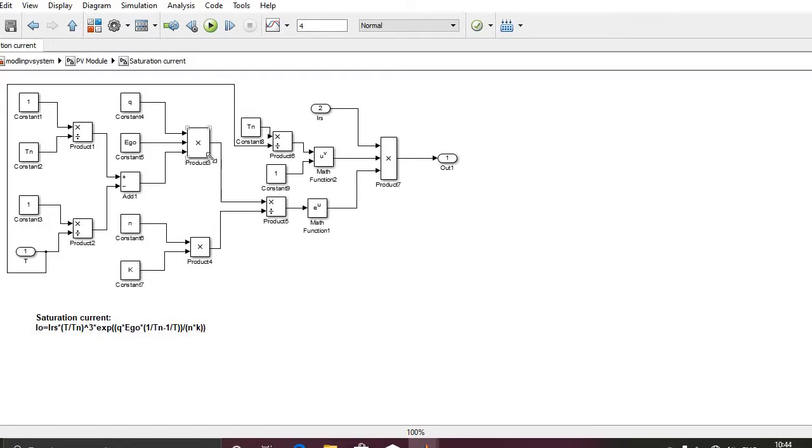Now Tn divided by T raised to 3 needs a math function for u raised to v, and another math function for e raised to the q EGO term. Then IRS is multiplied by this, and from this subsystem we will get the value of the saturation current.